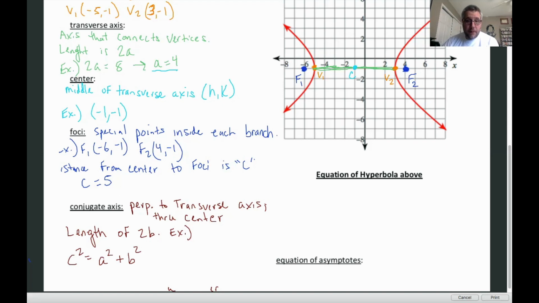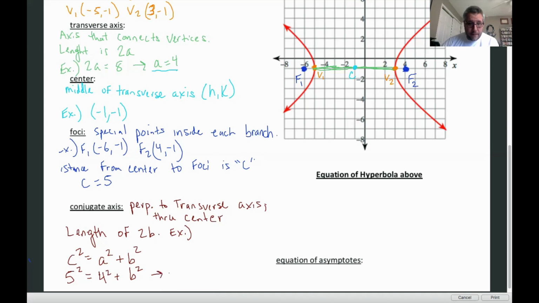In this example, the center to focus distance was c, which is 5 squared. A was the distance from the center to each vertex, which we already discussed was 4. And then b squared, we don't know what that is. So now we will solve this equation for b, and we'll be well on our way.